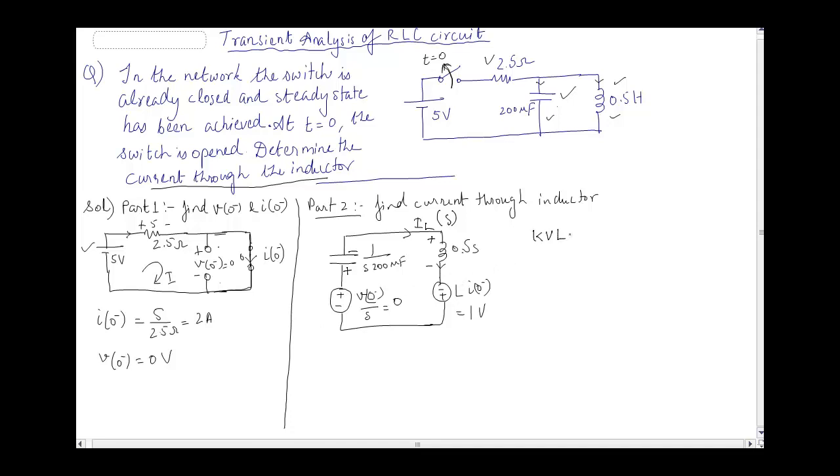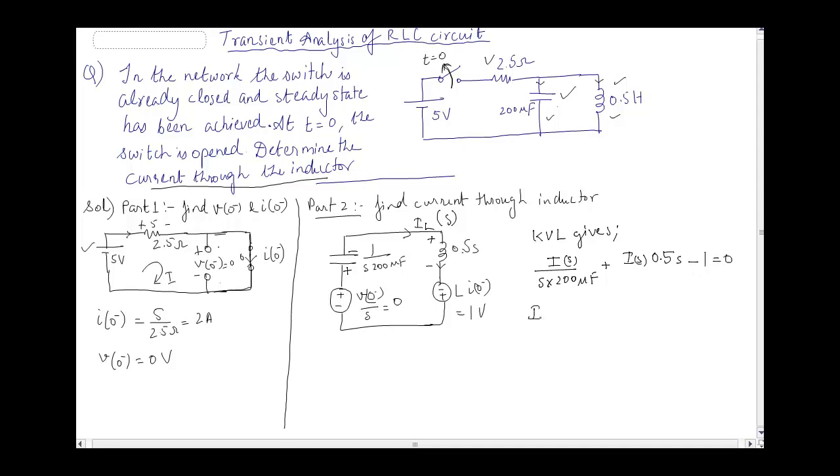So we are straight away going to write the equation. KVL gives us what? So 0 I am not going to write. Let's say back of the component: plus 1 by S into 200 microfarads into I of S, plus I of S into 0.5 S, then minus 1 is equal to 0.